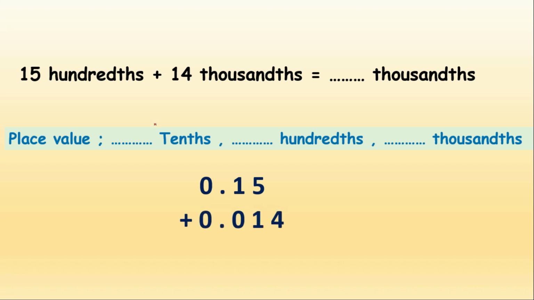So remember the first step, add 0 to have the same digits in the decimal part. Add 0 and then find the sum. 0 plus 4 equals 4. 5 plus 1 equals 6, and 1 plus 0 equals 1. Drop the decimal point, 0 plus 0 equals 0.